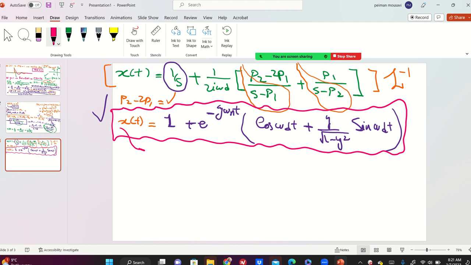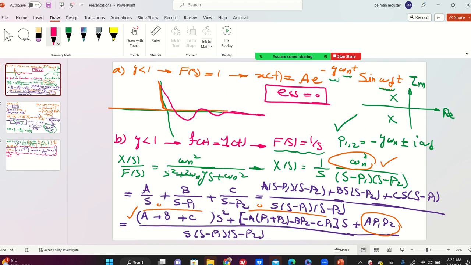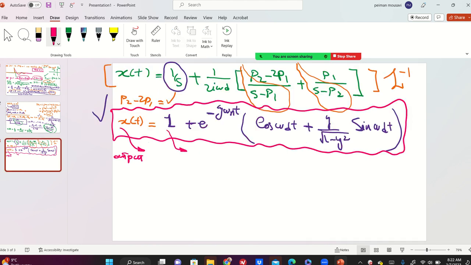This is the output of the system. Output. What is this? This is the system? Tell me. What is this? What is this? 1, the unit step, is the input of the system.